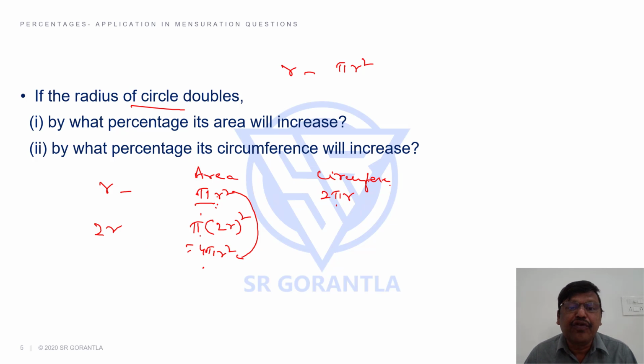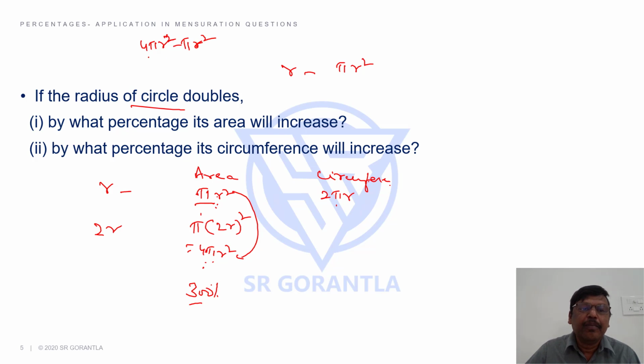If a number is getting 4 times, there is an increase of 300%. I can directly say this; you can watch the previous video. Otherwise, you have to write 4 pi r square minus the initial value pi r square, by the initial value pi r square, into 100. If you write like this, 3 pi r square by pi r square, the pi r square gets cancelled, and you get 300%.